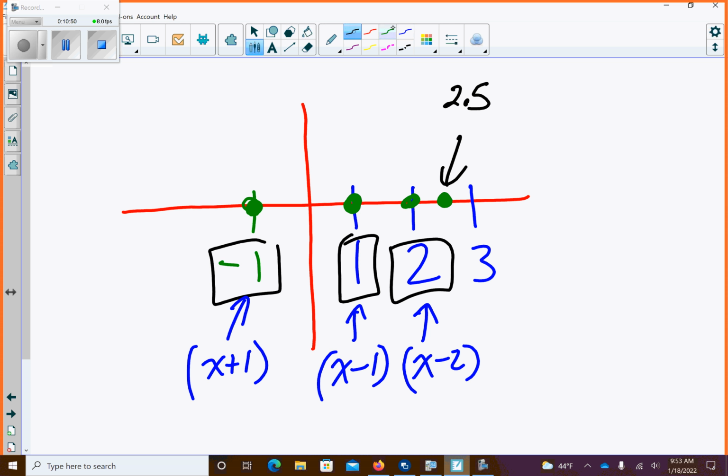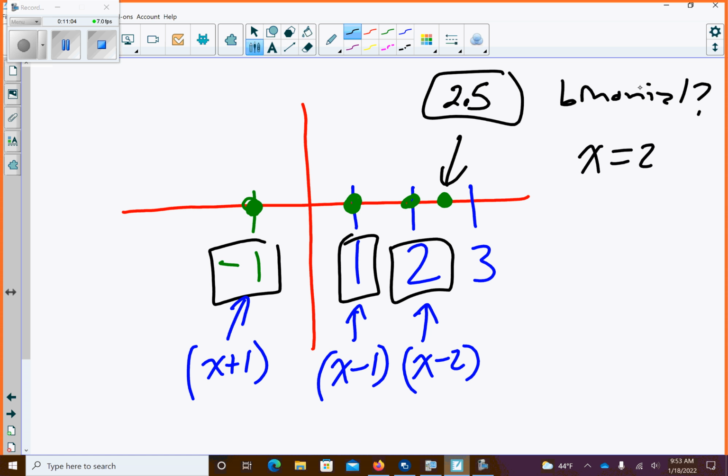So how do I make this a binomial? Yeah. Okay, I like your thinking. So first off, do you agree that x equals 2.5 works? Okay, I don't want any decimals. So what should I multiply both sides by to get rid of the decimal? 10.